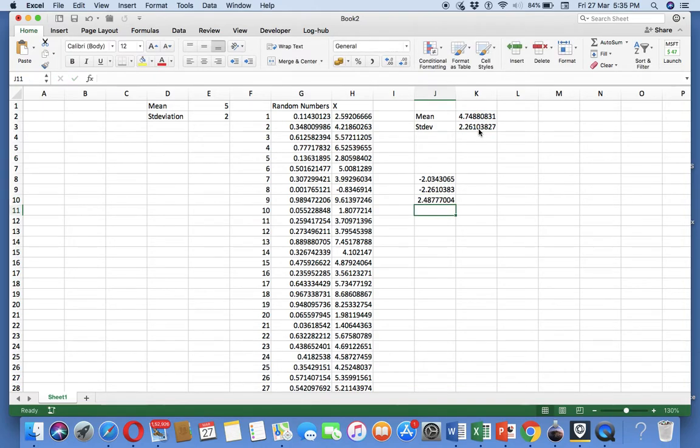We go to the positive side. Equal to mean plus 2 standard deviations. Plus mean plus 3 standard deviations.